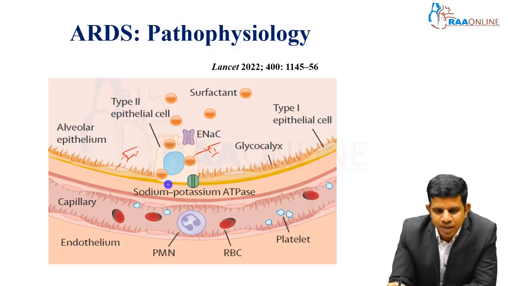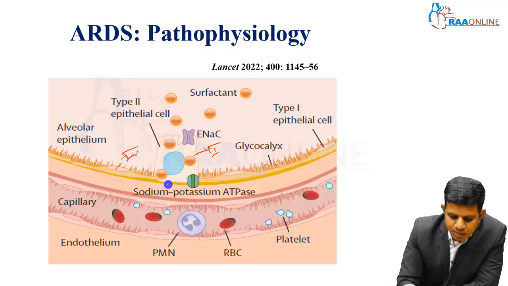Damage to these epithelial cells causes decreased surfactant production, which can cause alveolar collapse. Epithelial injury also leads to alveolar flooding, causing hypoxia, obviously through shunting. The loss of anticoagulant factors leads to a procoagulant condition, causing fibrin deposits on the alveolar capillary membrane.